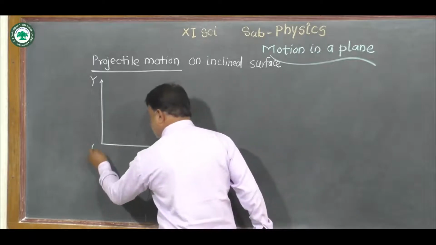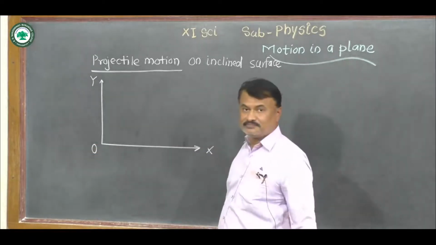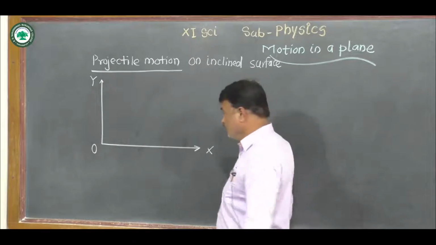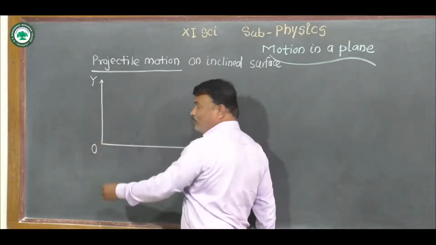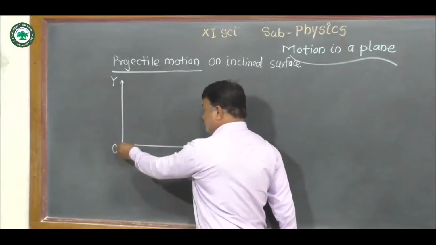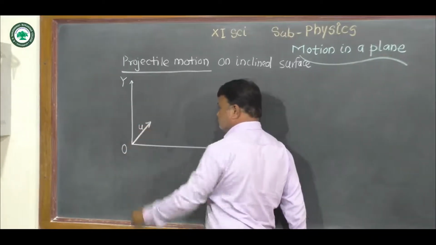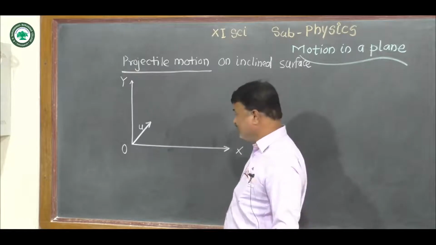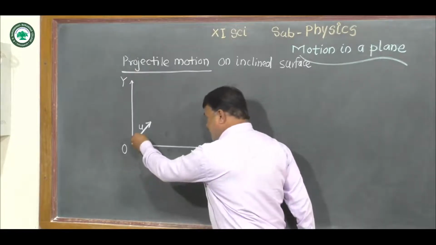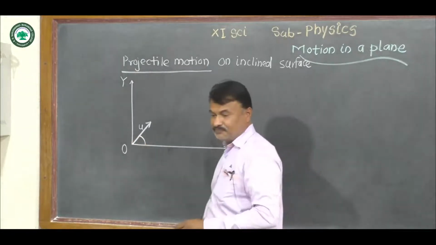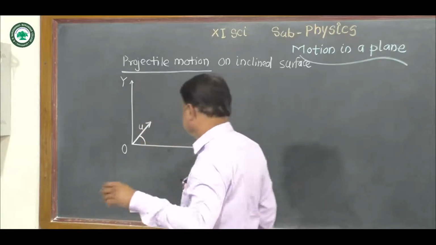This point O is the point of projection. Body is projected from point O with initial velocity say u in air, making an angle say theta with the horizontal.